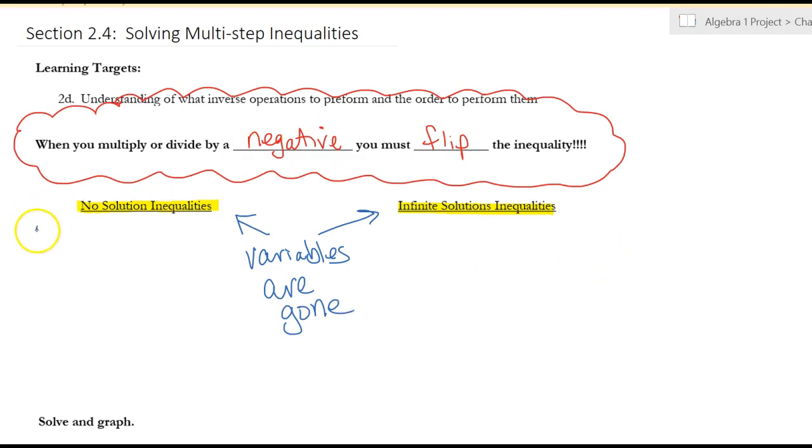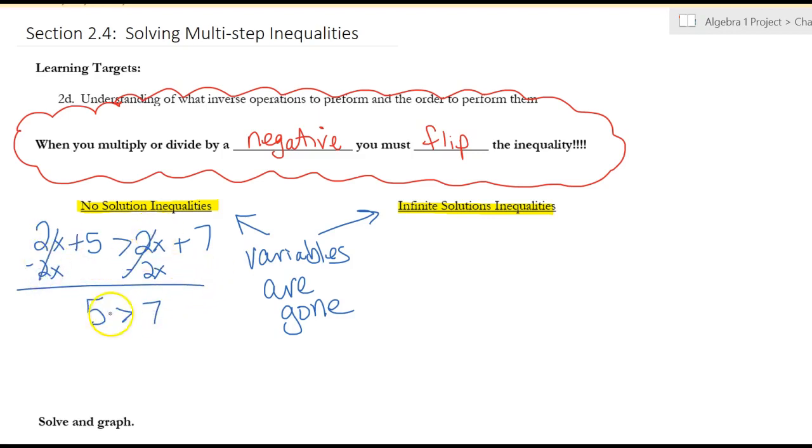So let's say I have 2x plus 5 is greater than 2x plus 7. If I subtract the 2x on both sides, the x's are gone, and I'm left with 5 is greater than 7. Well, 5 is not bigger than 7, so this is a no solution because it's a false statement. So no solution statements are when you get false inequalities.